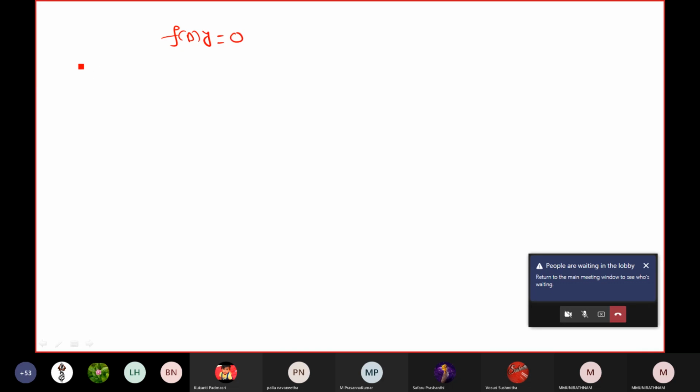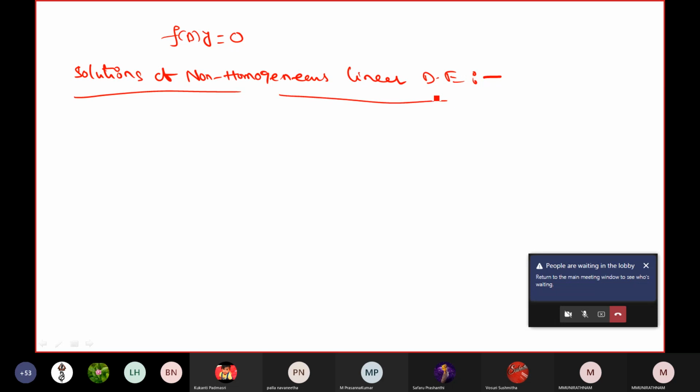Now in this class we are going for solutions of non-homogeneous linear differential equations. This means that the given differential equation is in the form f(D) y = Q(x).